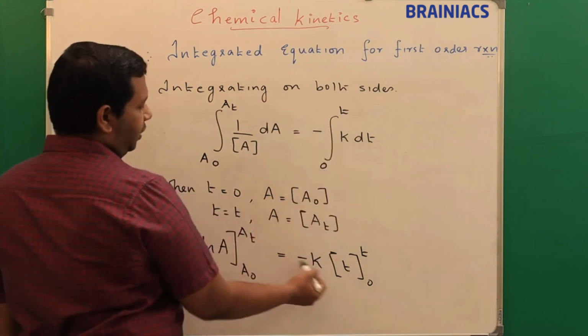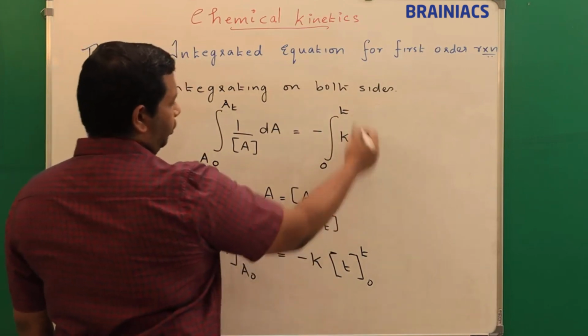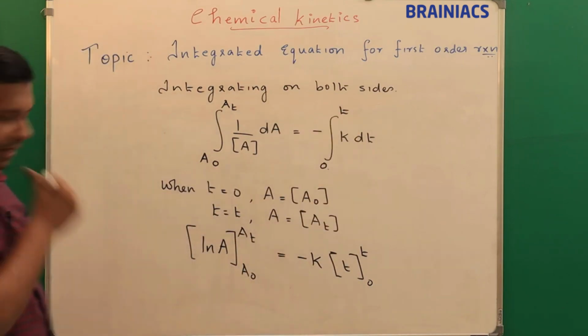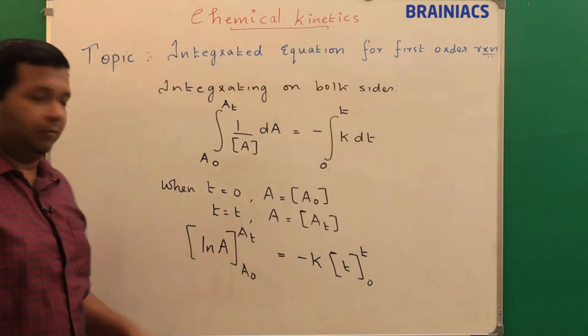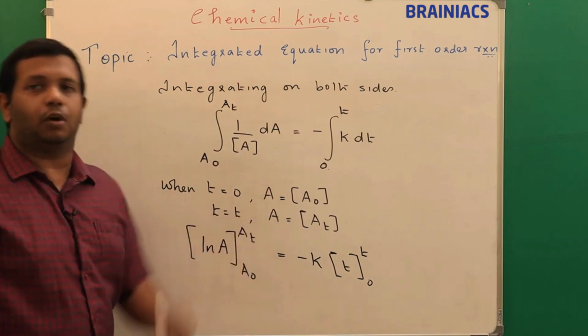So k I have taken outside, minus k. Then integral of dt from 0 to t becomes t. 0 to t is the limit. Now apply the limits. On applying, first apply the upper limit, then apply the lower limit. So upper limit minus lower limit.